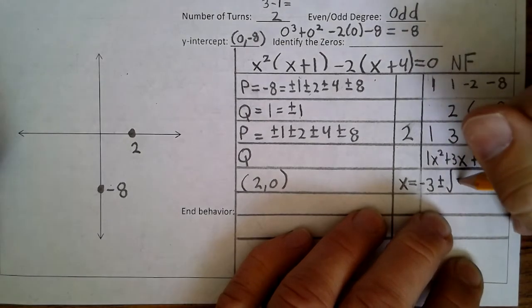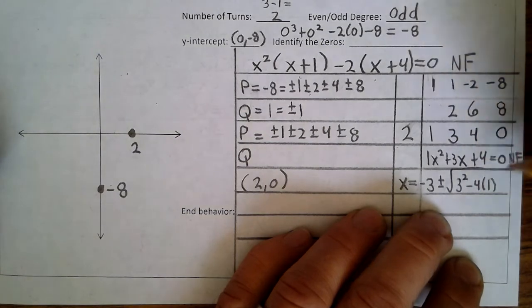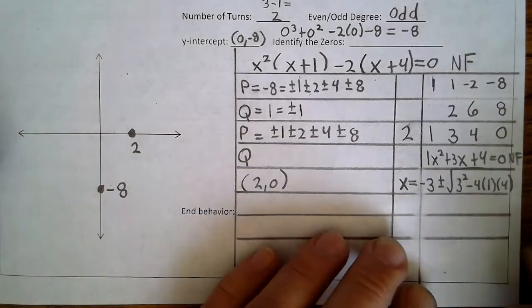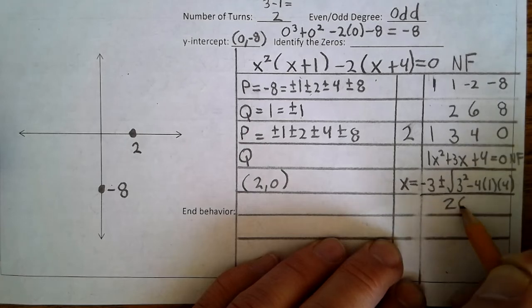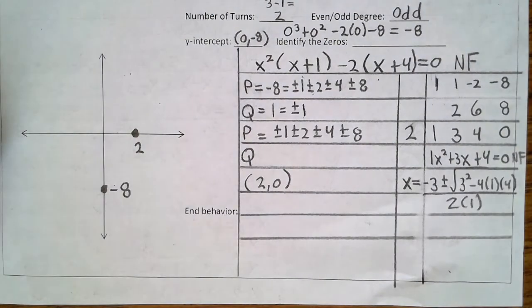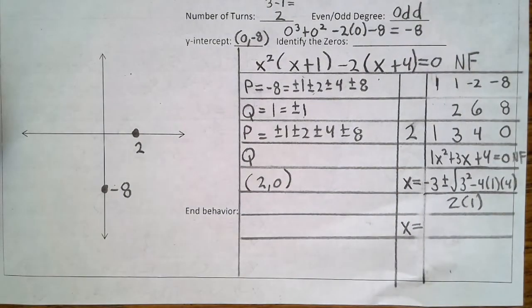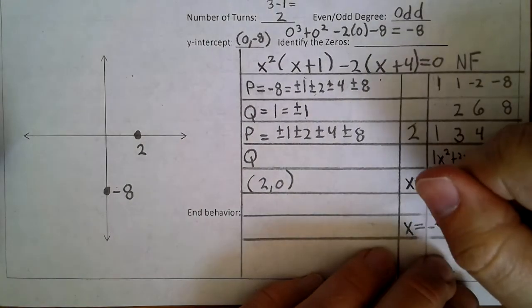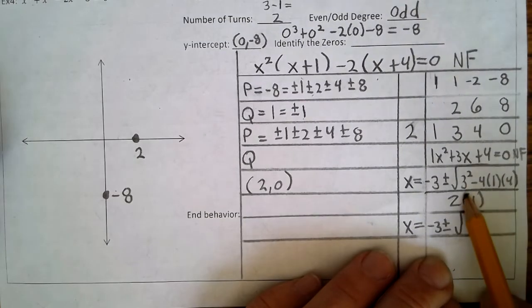So then that's x equals, now the last one we did with the calculator, let's just do this one without a calculator. So x equals -3 plus or minus the square root of, this is 9 minus 16, which is a -7, divided by 2. So we know that the square root of a negative number is i.